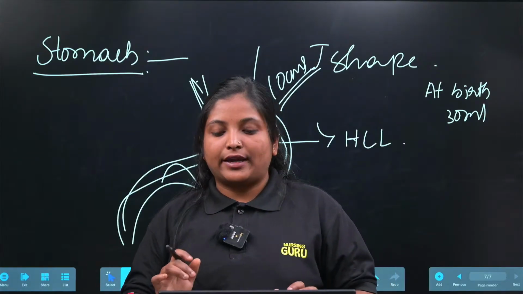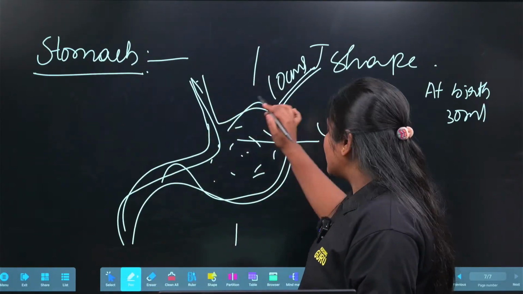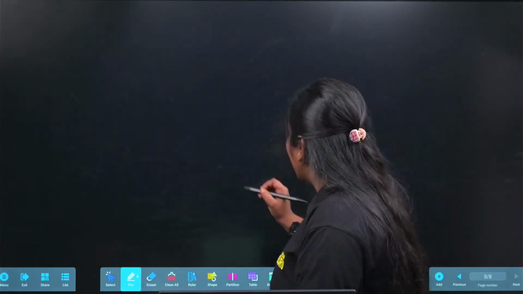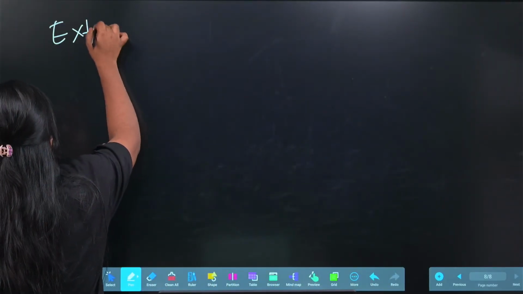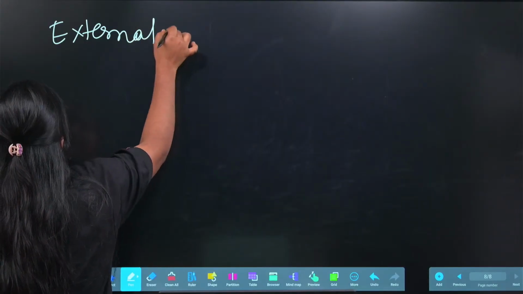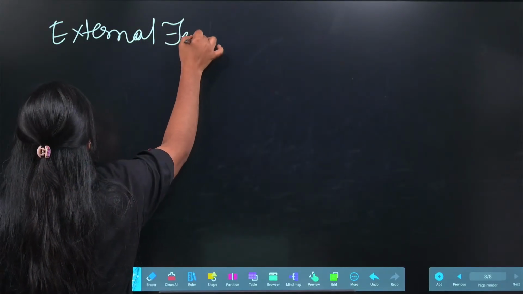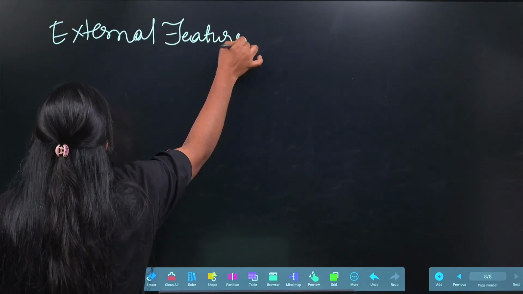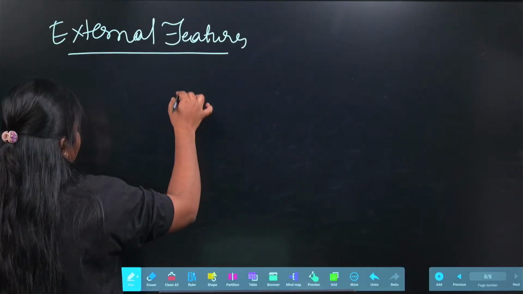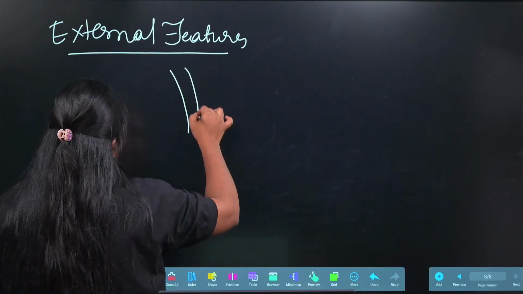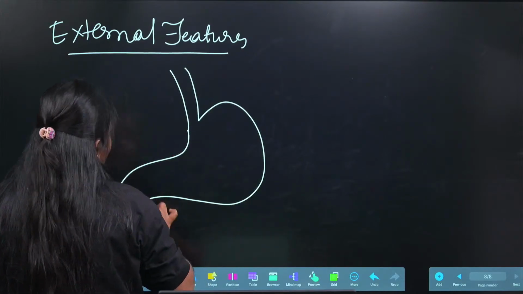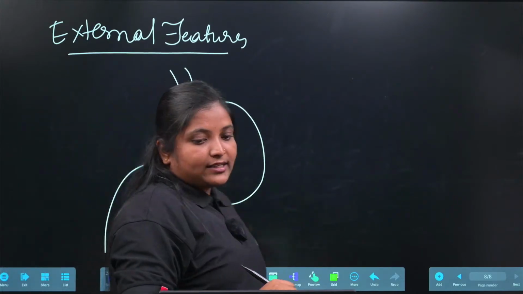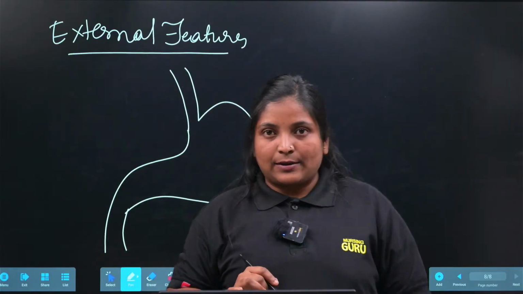So now we can see the external morphological features of the stomach. The external features: two ends will be there.